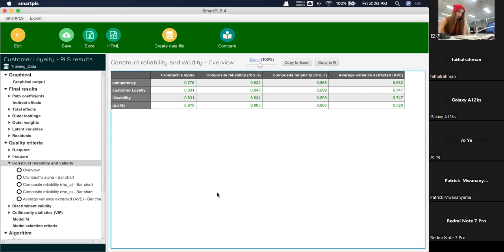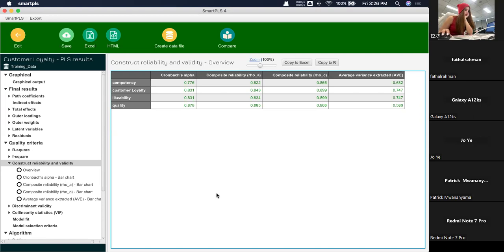So the deletion of one of them led to an increment in the average variance extracted, right? If we look at the first composite reliability, there was a slight decline, but it appears the second one increased.